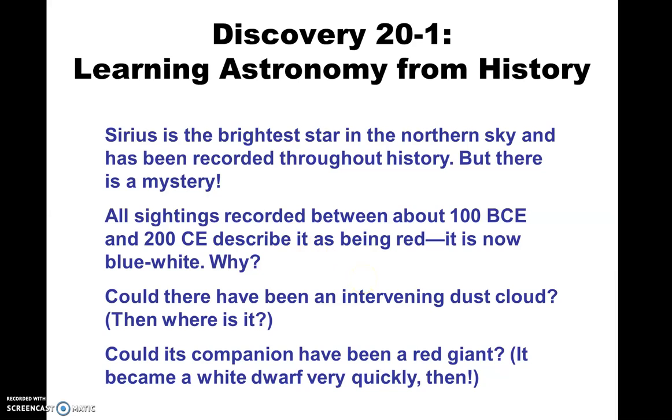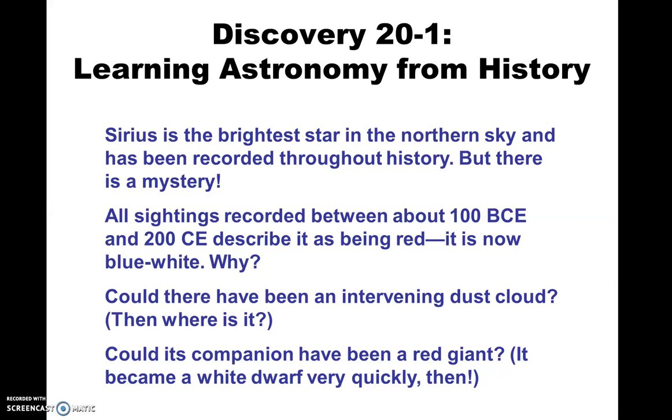And so we wonder, what happened, and maybe this has something to do with Sirius B, which is the white dwarf, its companion star. So maybe Sirius B was going through its planetary nebula stage, or at least part of it.